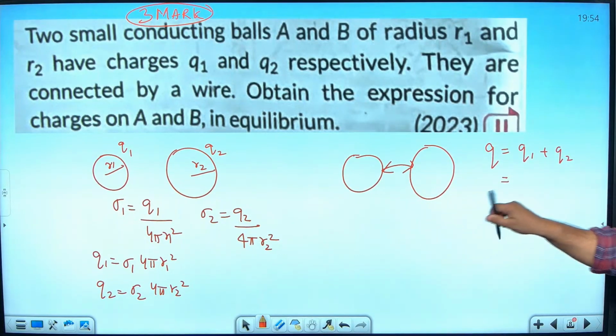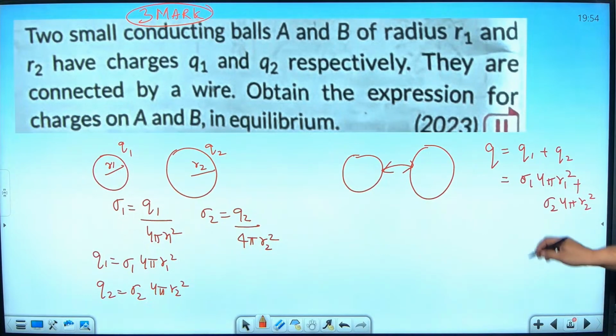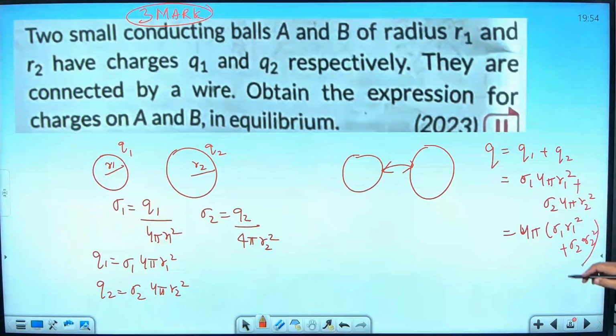Q1 we know, Q2 we know. Sigma 1 into 4 pi R1 square plus sigma 2 into 4 pi R2 square. So if you take 4 pi common, it will become sigma 1 R1 square plus sigma 2 R2 square. This is just the value of Q.